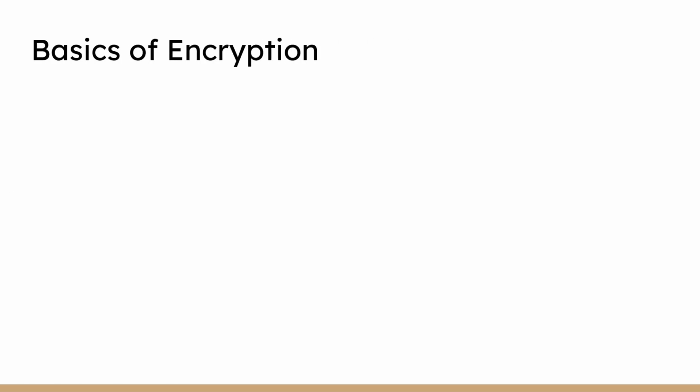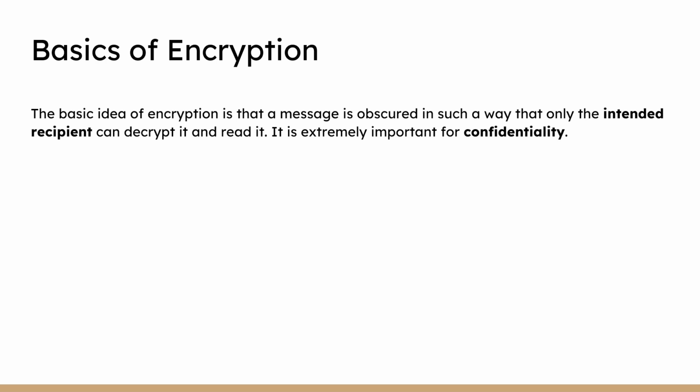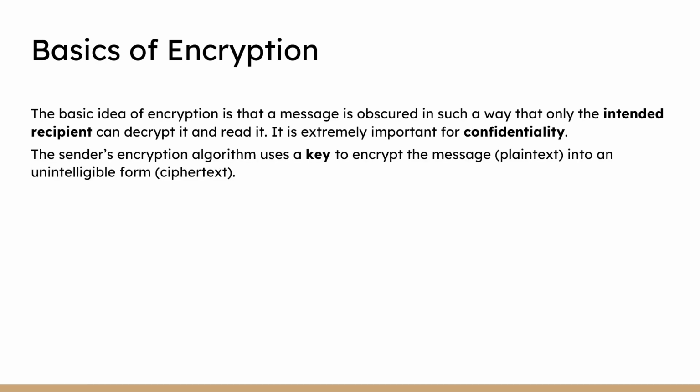The basic idea of encryption is that you obscure your message in such a way that only the intended recipient can decrypt and read it. This is how we make our messages confidential. The algorithm used to encrypt uses a key to turn the plain text into ciphertext.